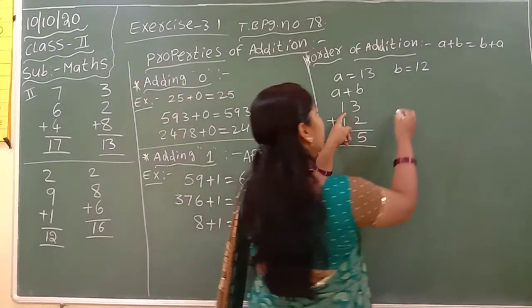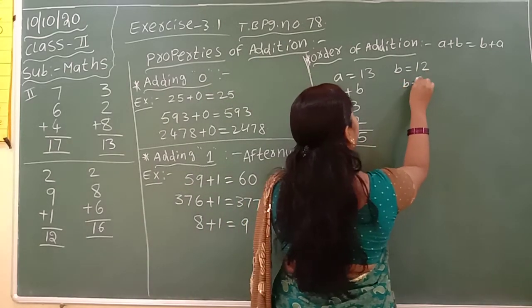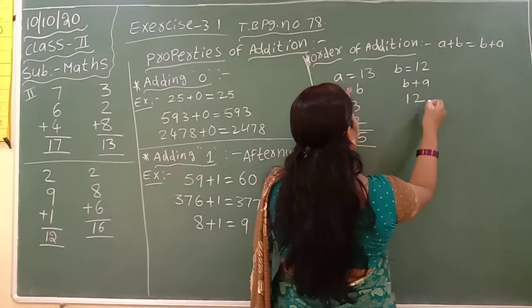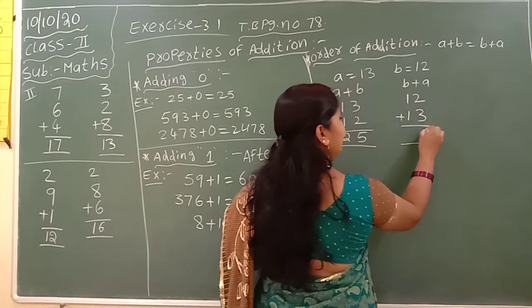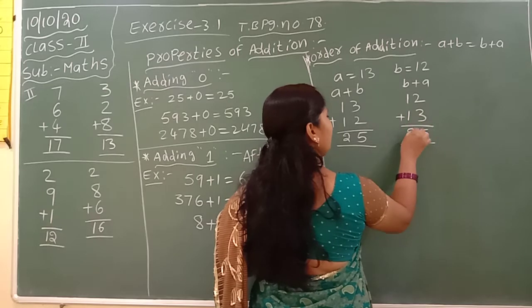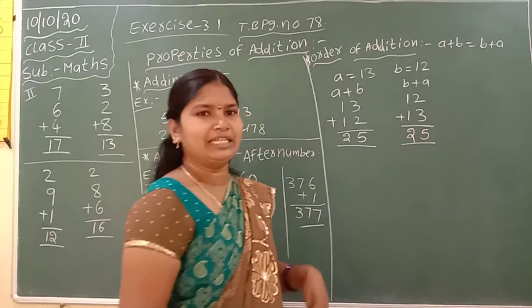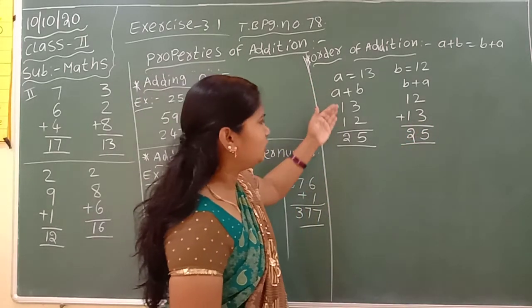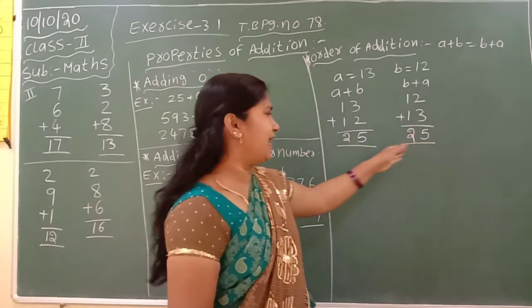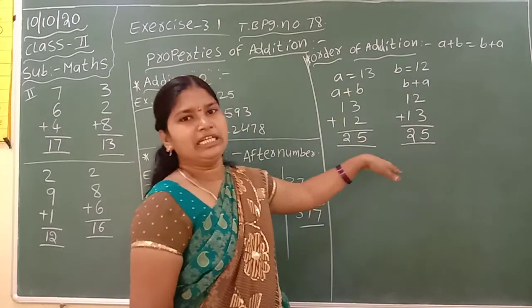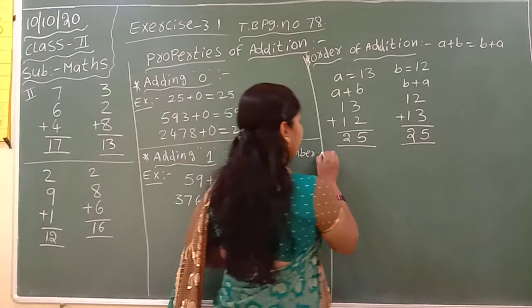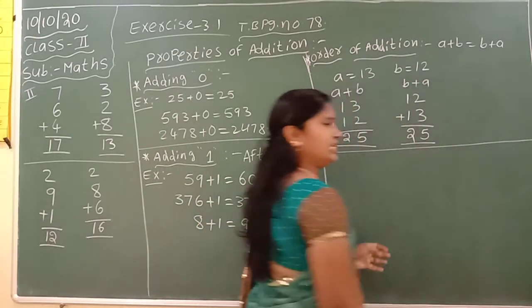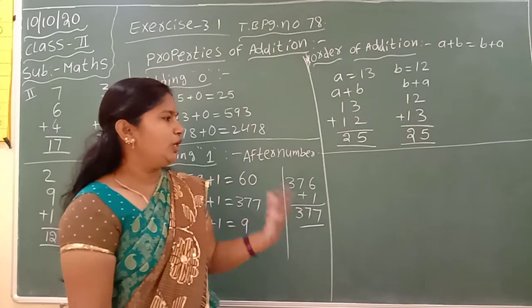B means 12, here B plus A, 12 plus 13. 2 plus 3 is 5, 1 plus 1 is 2. Children, observe here. If we change the order of the given numbers, the answer need not change. It is called order of addition. These three are our properties. Properties are nothing but rules.